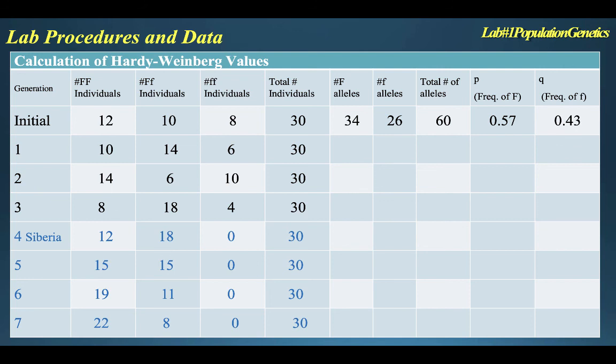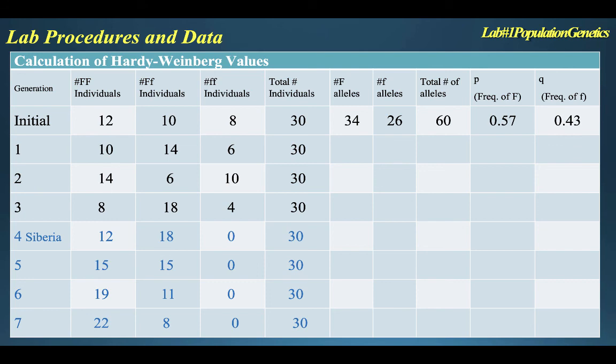And then you are going to populate a graph. You're going to put generations on the bottom. At the beginning you have your initial, where it starts all the way at the x-axis, then you go generation 1, 2, 3, 4, 5, 6 across.